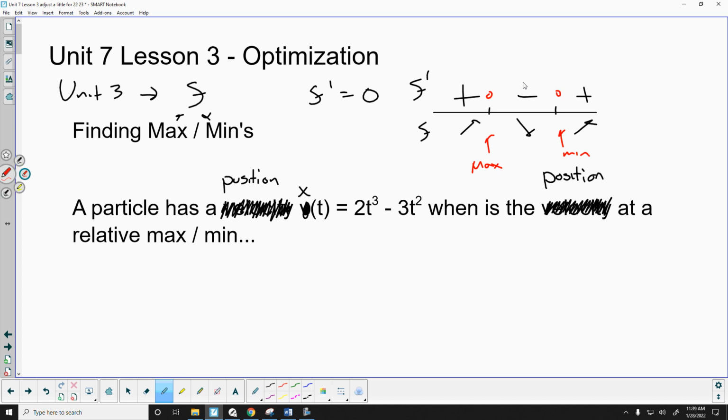Well, we're going to be asked to find maxes and mins of position, or maxes and mins of velocity. And what we'll realize is like, oh yeah, that makes sense. Here's position, changing it from your notes. How to find a max min position.